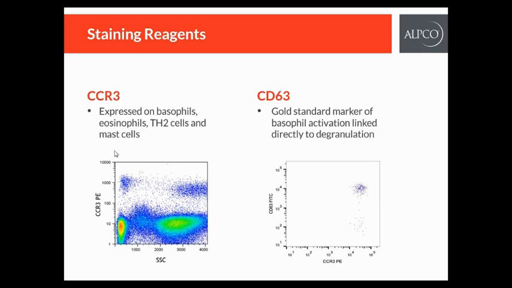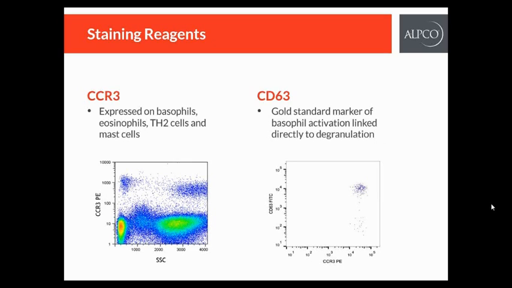You have many different populations, as demonstrated here and here, which are illuminated in the presence of CCR3. What you're going to look for is those cells with a low side scatter profile and a high CCR3 expression. So this population right here is representative of basophils.